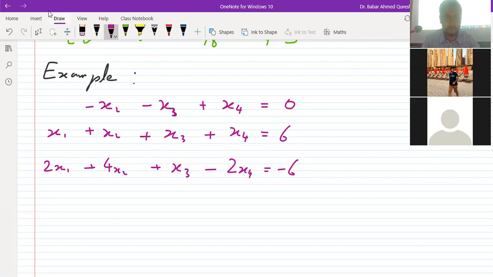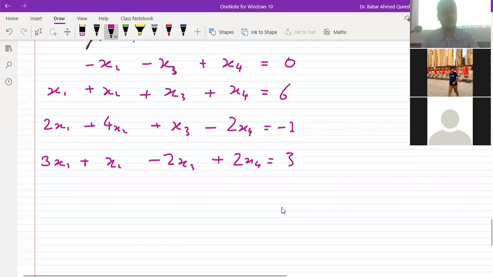Sorry, this is a -1. And the last equation is plus 2x4 is equal to 3. So you have 4 variables and 4 equations.